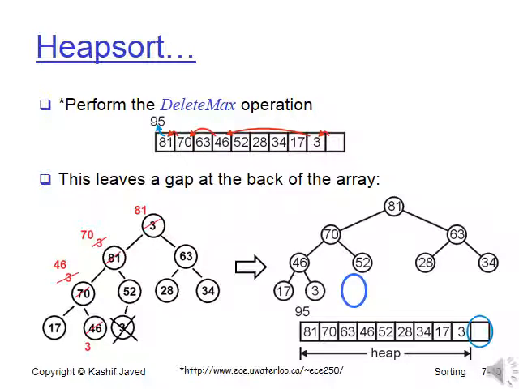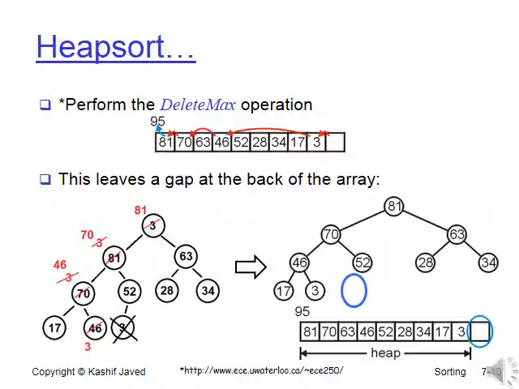In order to sort, let's delete the maximum element of this heap, which is element number 95. This leaves a gap at the back of the array, which can be filled by the max root number. Now let's follow through pictorially what gets replaced by deleting max root node 95.